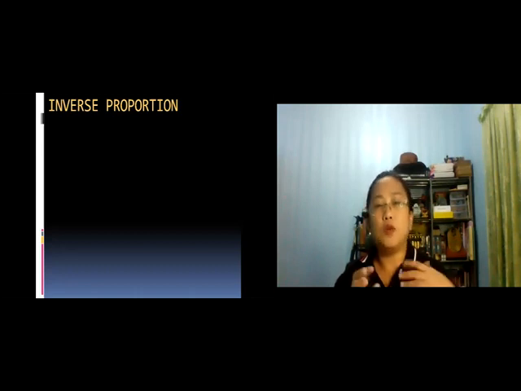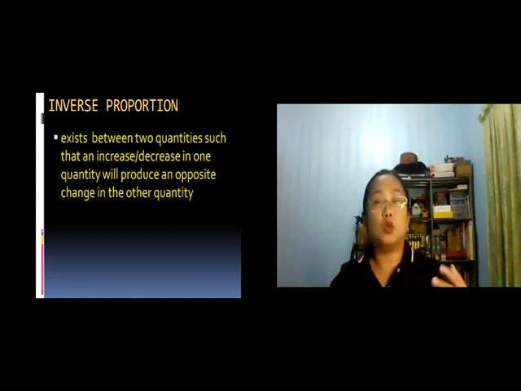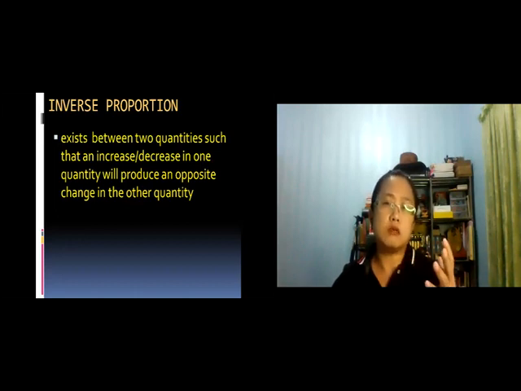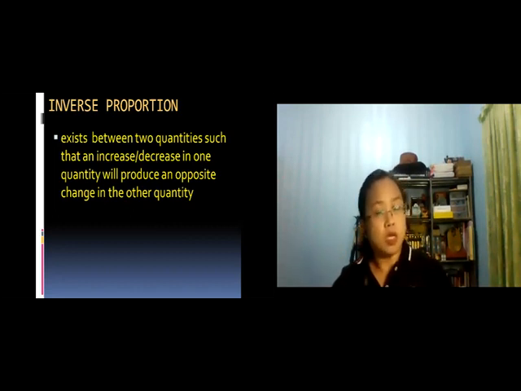Bakit? Kasi when we have an inverse proportion, there exists two quantities that are so related that, in any manner that they would change, if the first quantity increases or decreases, the second quantity would go the opposite way.